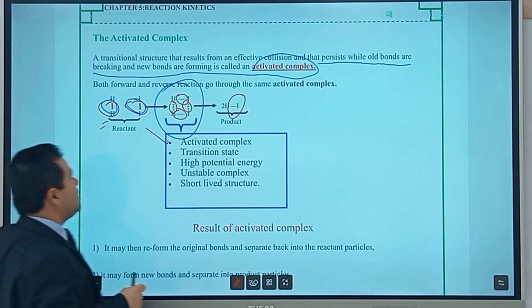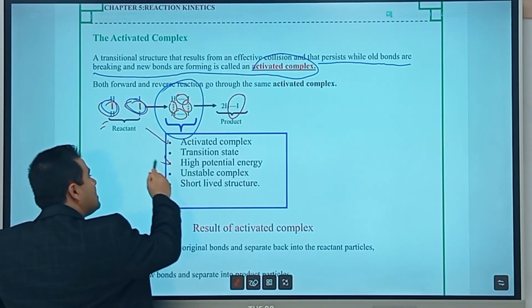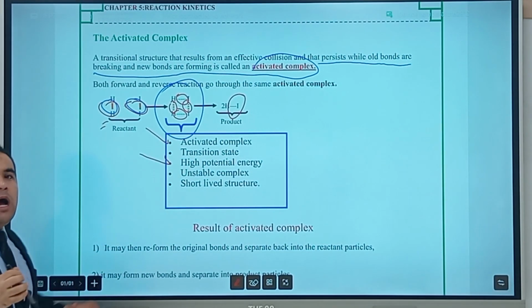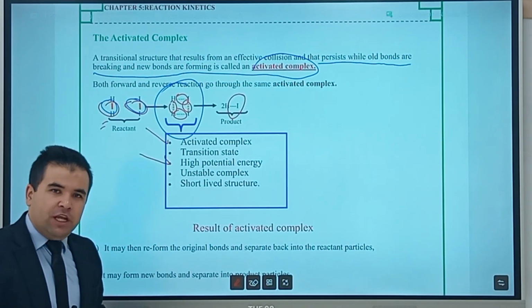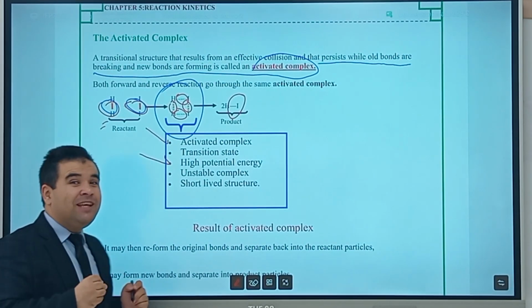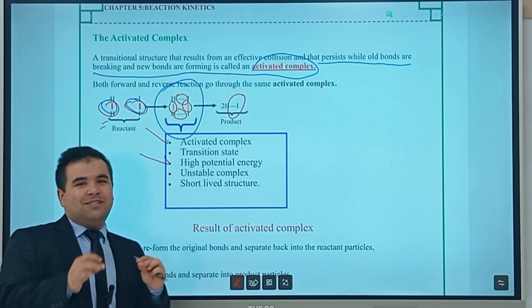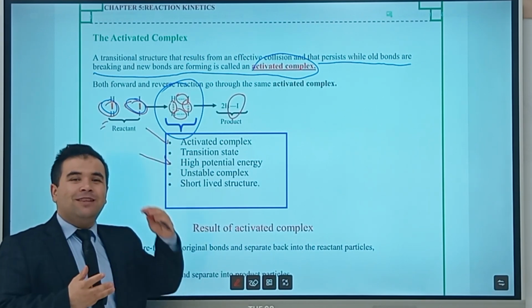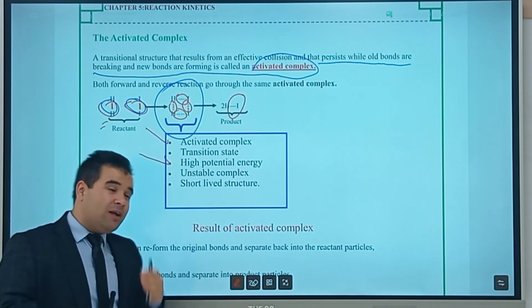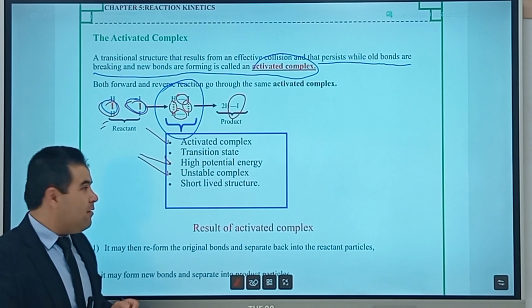So the activated complex is a transitional state. In terms of energy, they have the highest position of energy on the path of the reaction. And in terms of stability, they represent the highest instability. Why? Because they are in the top position of energy, so in terms of stability, they are unstable.